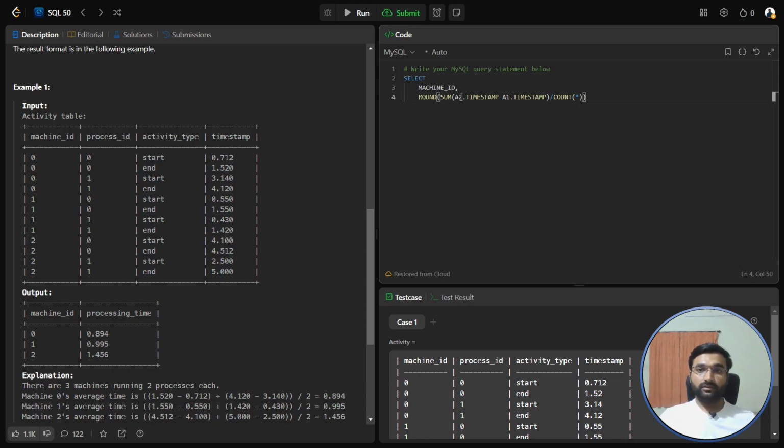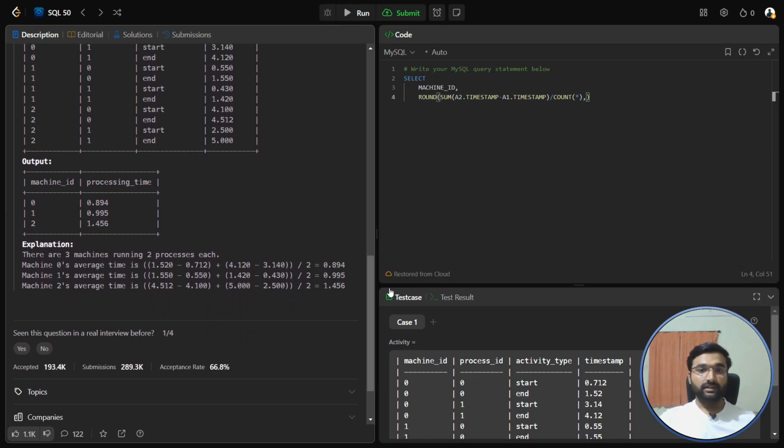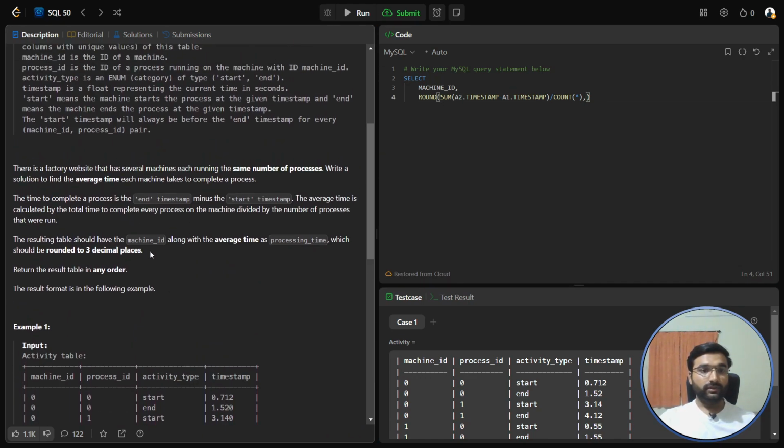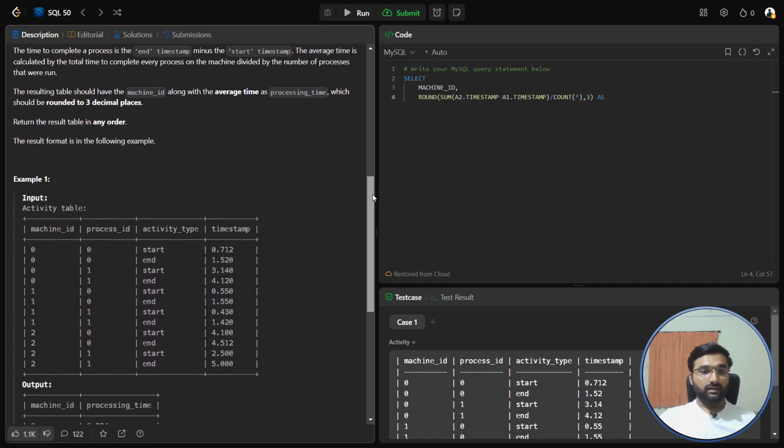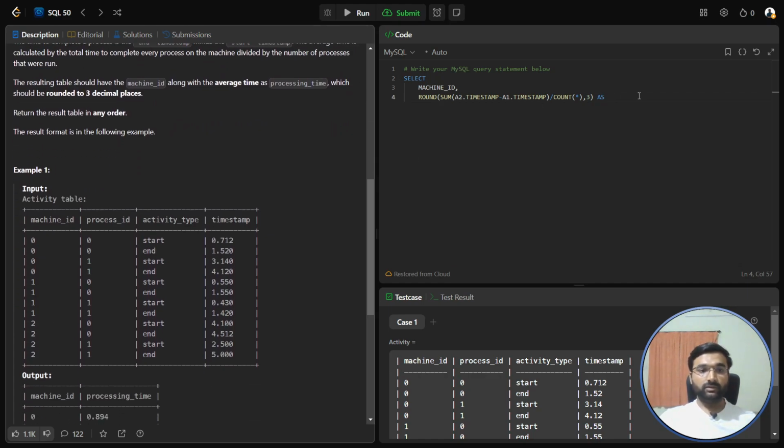Since we need 3 decimal places, that's why I'm going to write 3 over here. If they had mentioned 2, I would have put 2 there. Now this as an alias, to give our column a name, which is processing time.